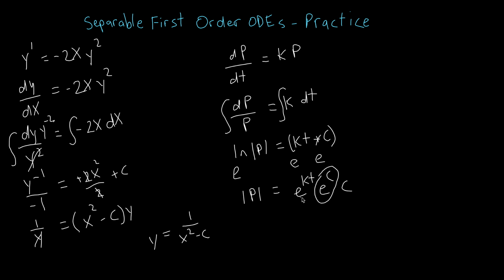And because it's multiplied, it's kind of a trick where that c takes care of both the negative and the positive. So we can actually drop these absolute value signs. So we get p of t equals c times e to the kt, bringing the e to the c out front.